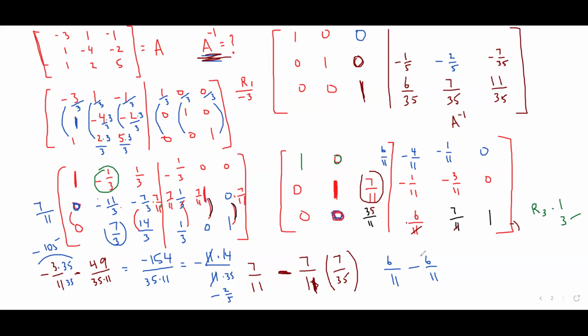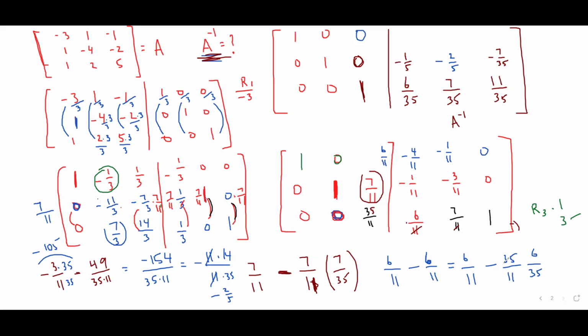So how can I produce 6 11ths out of it? Well, the 35 11ths, 6 11ths need to be multiplied by negative. And since it's 35 11ths, I need to kill that 35. Right? And have on the top number 6.